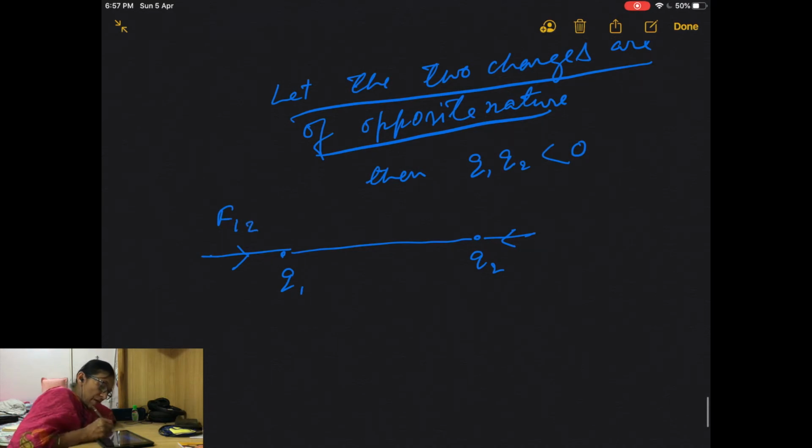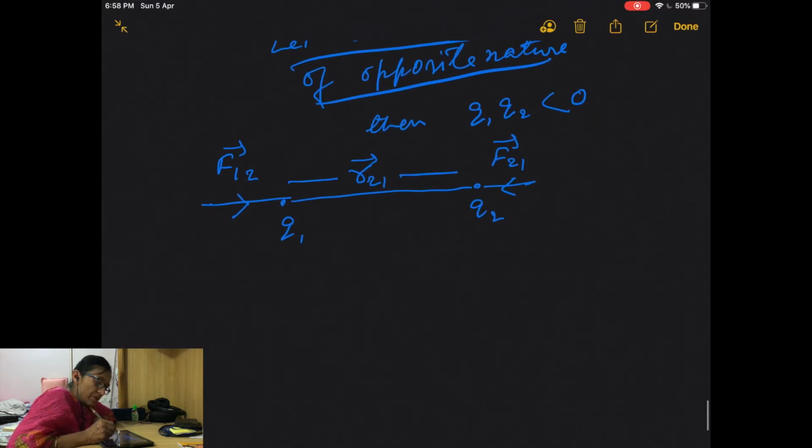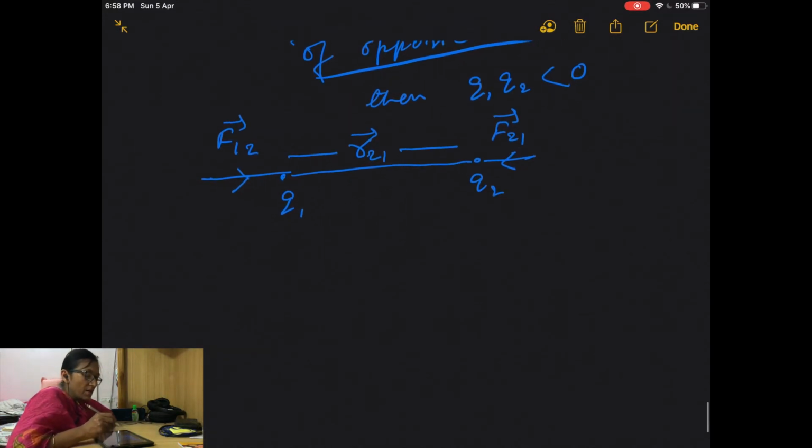Now F12 is the force acting on Q1 and F21 is the force acting on Q2, and the displacement vector is R21 vector. Again, let us write the forces on the charges.